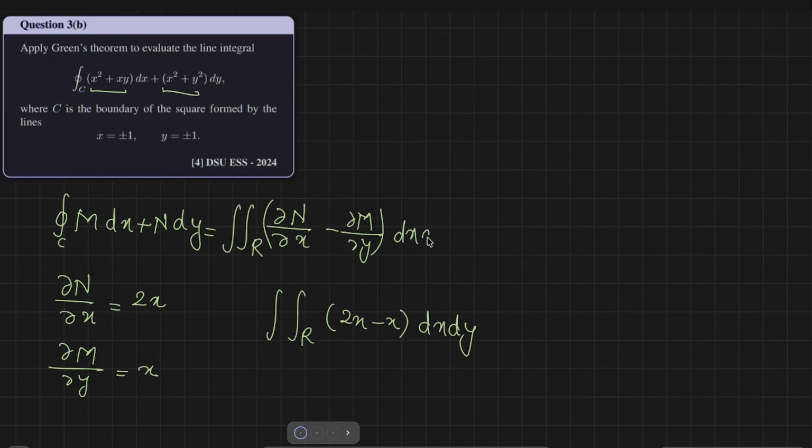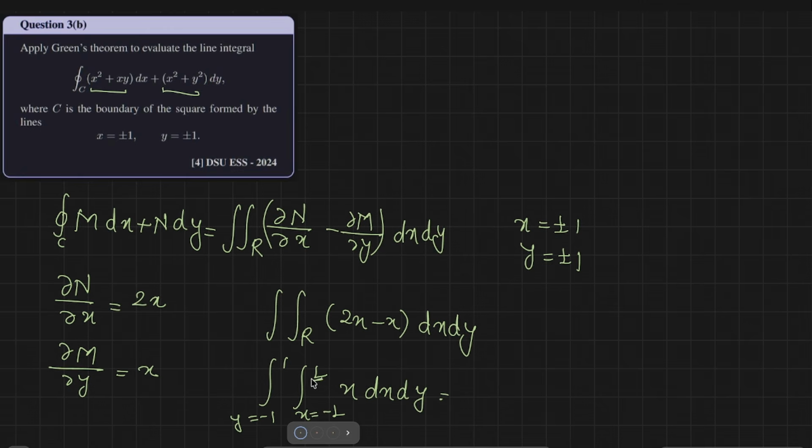The limits are given, x is equal to plus minus 1, y is equal to plus minus 1. So x is from minus 1 to 1, y is from minus 1 to 1, 2x minus x, that is x dx dy. When you solve this integral, it is very easy.